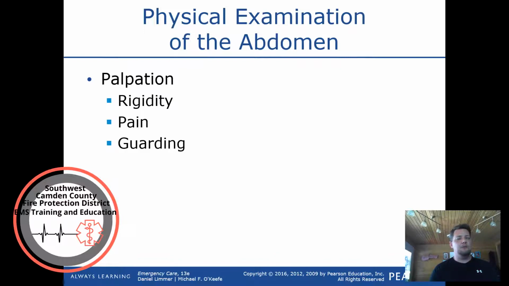If the patient winces when you push on the right upper quadrant but they told you it was the left lower quadrant that had pain, then we've got to figure out where that pain is actually coming from, because it may be referred as well. And guarding, we talked about a little bit.